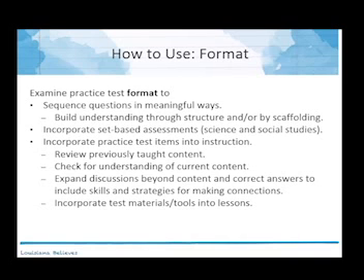How would you use the practice test to look at format? You could notice that the questions are sequenced in meaningful ways to build understanding through structure or by scaffolding, and this is particularly true with passage sets and item sets in ELA, social studies, and science. You can incorporate set-based assessments like in science and social studies.